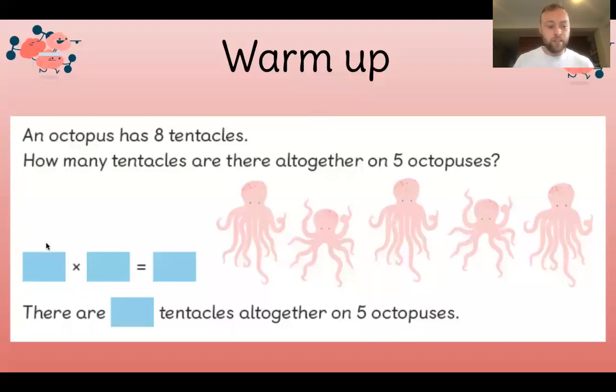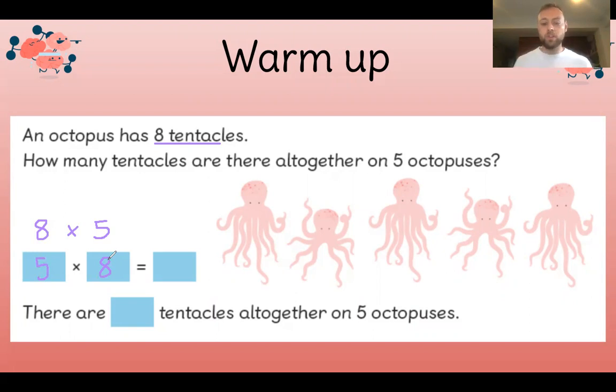So for example, we have 8 tentacles and we're going to times it by 5 octopuses. Or we can say we have 5 octopuses and they have 8 tentacles each.